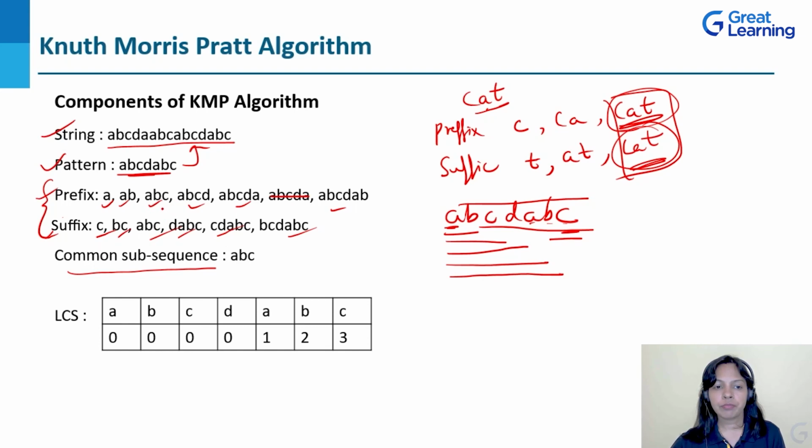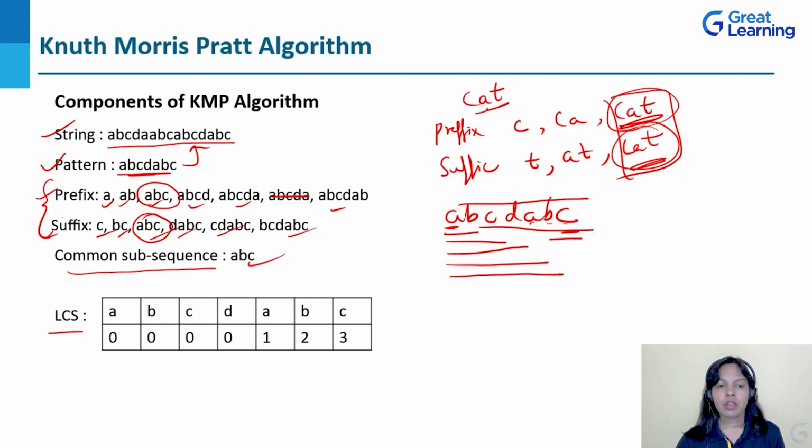You can see here, only ABC and ABC are similar. The rest are all different, right? So only one set of characters is similar in both prefix and suffix, and that is your ABC. So we'll take ABC into account as the common subsequence.